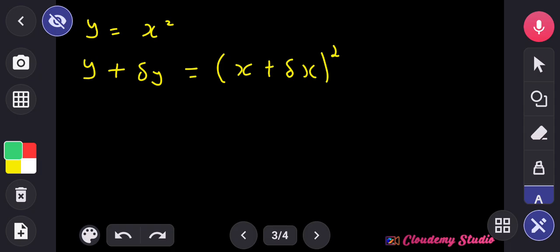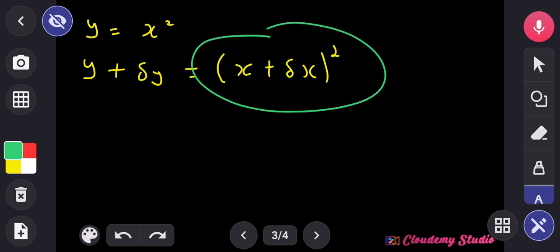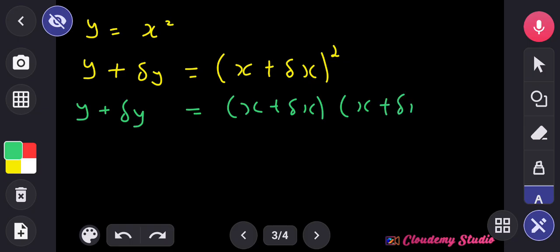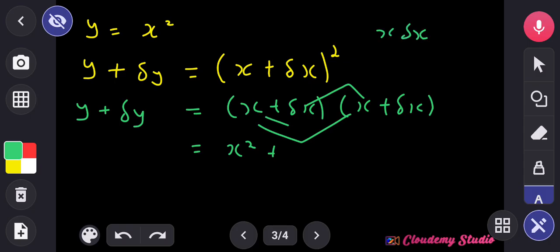The next thing we are going to do is to open this particular bracket. In opening this bracket, we are going to have y plus delta y equals x plus delta x, times x plus delta x, which will correspondingly give us: x times x is x squared; delta x times delta x gives delta x squared; also, x times delta x gives x delta x, and if we add both of them together, we have 2x delta x.